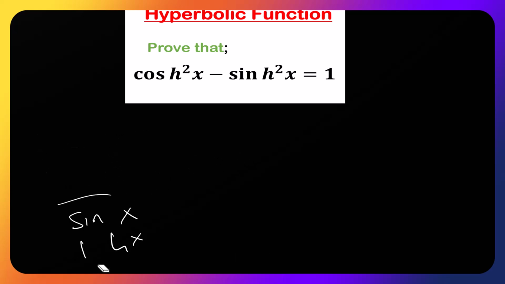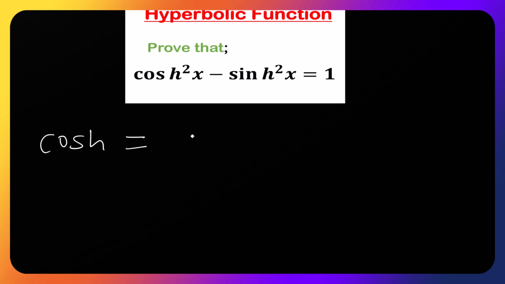Now I want to look at the proof. We have to prove that cosh squared x minus sinh squared x equals 1. Before that, cosh x is the same as e raised to x plus e raised to minus x, on 2.